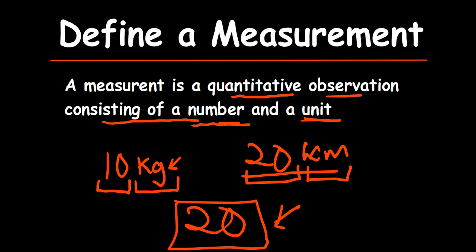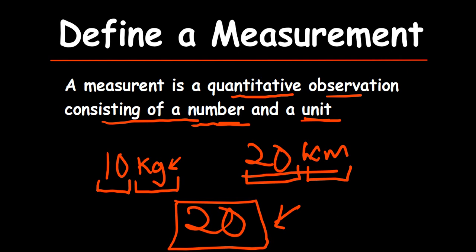So always remember that a measurement has two parts, the number and the unit. Both parts must be present for it to be called a measurement, or for the measurement to be meaningful. You have to have a number and then a unit attached.